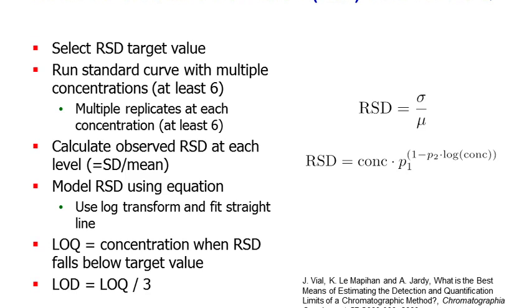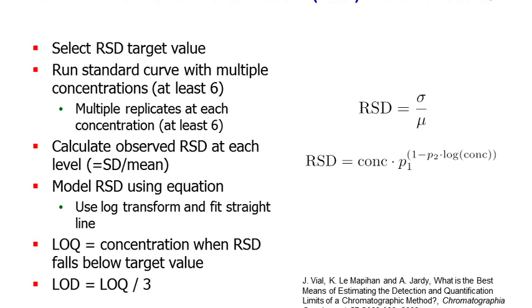So for people who are not familiar, RSD, relative standard deviation, is the same as CV, which is coefficient of variation, and is calculated as the ratio of standard deviation to the mean. So it's kind of the standard deviation based on where the mean is located. So you first select a target value for CV or RSD.